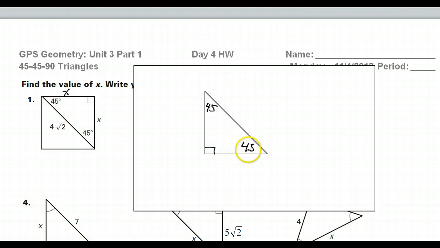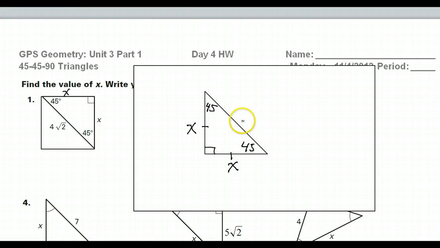So if one angle is 45 degrees and you have a right triangle, the other angle is automatically 45 degrees. Which, by the way, automatically means this is isosceles. If these two angles are the same, then these two sides are the same. So as soon as you see 45 degrees, you know that these two sides are the same. So if one of them is x, then the other one, we can call that x.